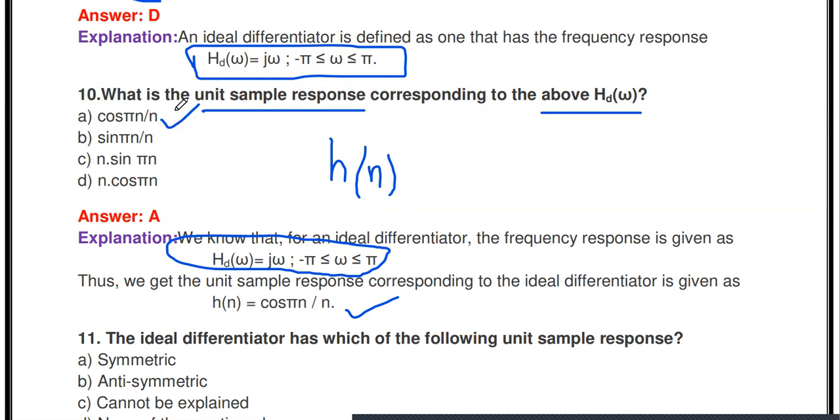Just remember it: the frequency response is jω, the unit sample response is cos(πn)/n. This is the time domain representation, and that is the frequency domain representation.